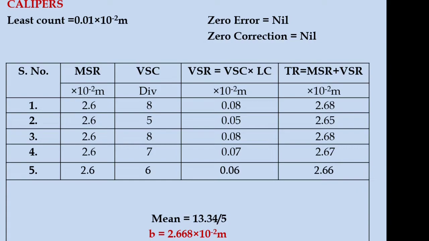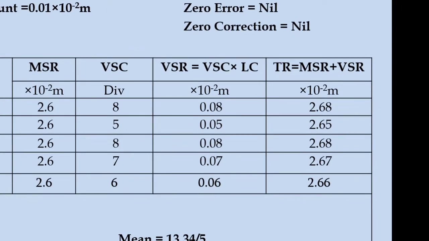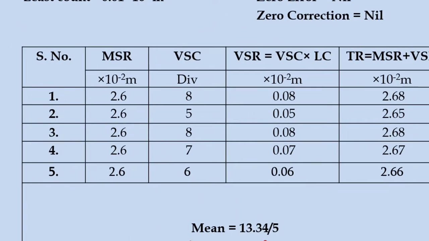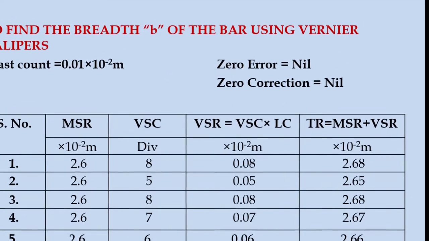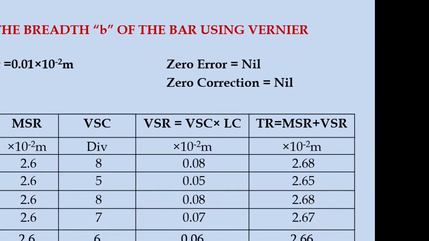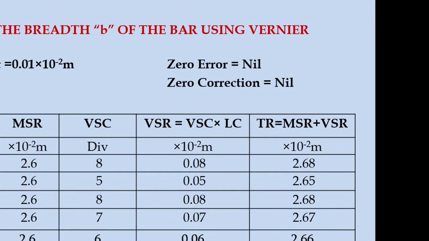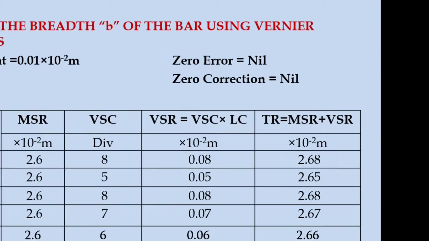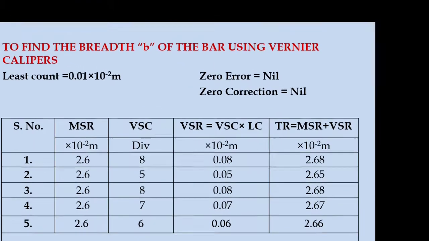The next column is the total reading, which is the main scale reading plus the vernier scale reading. In the first reading, the main scale reading is 2.6 and the vernier scale coincidence is 8. The vernier scale reading is 8 into 0.01, that is 0.08. So the total reading is 2.6 plus 0.08, which is 2.68.